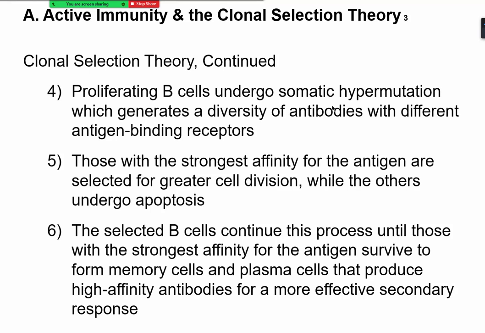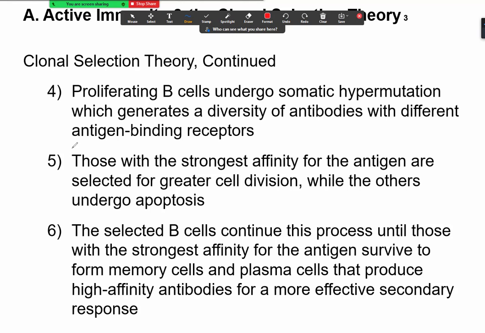As that happens, the B cells go through tons and tons of mutation to generate every antibody possible in the body until that antibody can bind specifically to the SARS-CoV-2 protein. So this is why it takes about 1 to 2 weeks.